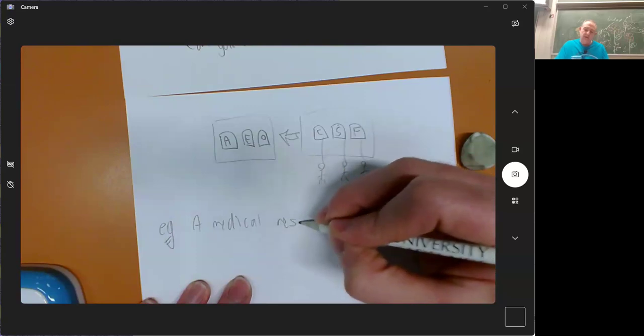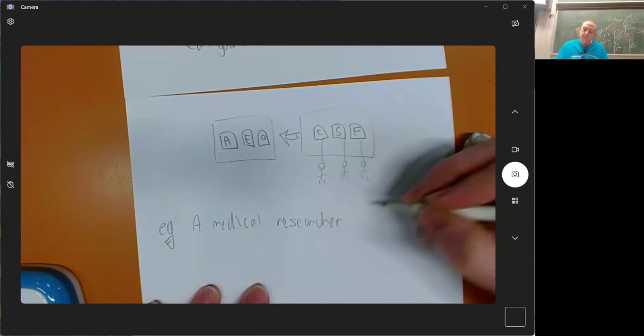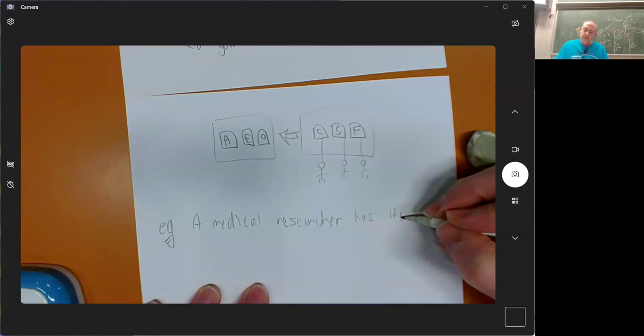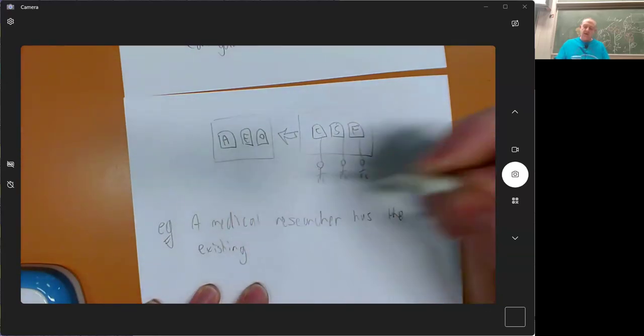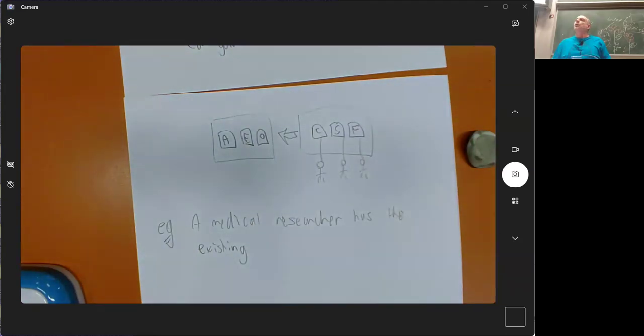Here's another one. A medical researcher has the existing, just a second.